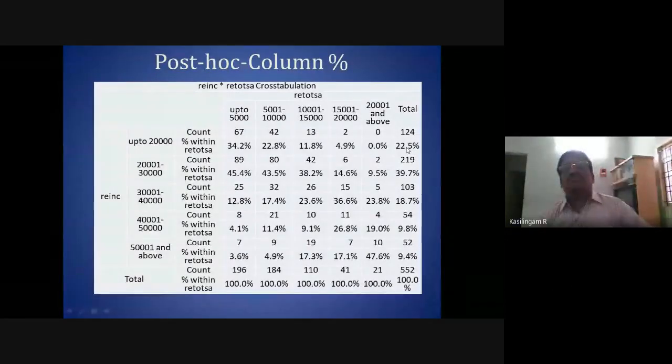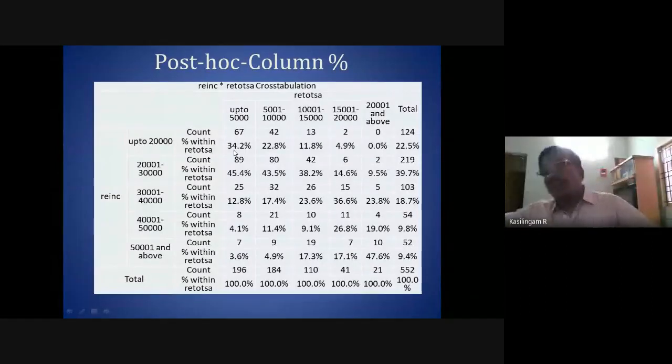Now let us look at the up to 5,000 saving category alone, 196 people. Out of these 196 people, here 67 people are there, which is nothing but 34.2%.